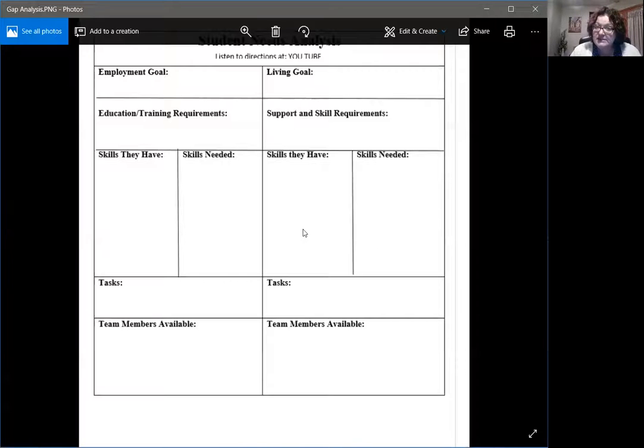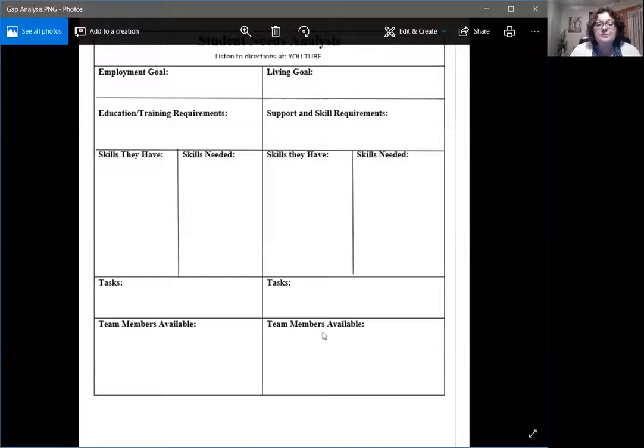If money management isn't in there, then we should have a task built for that, and we should have that as a setting. Then team members available. If we know that they visit a certain place or they have friends and family who are accountants, that person might be willing to go over some budgeting with them.